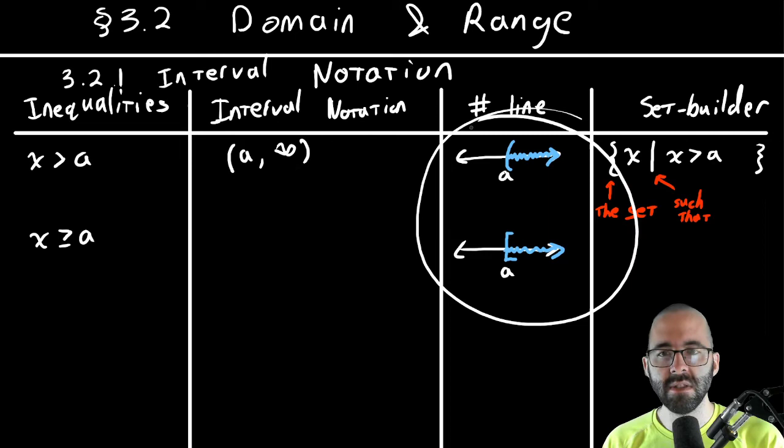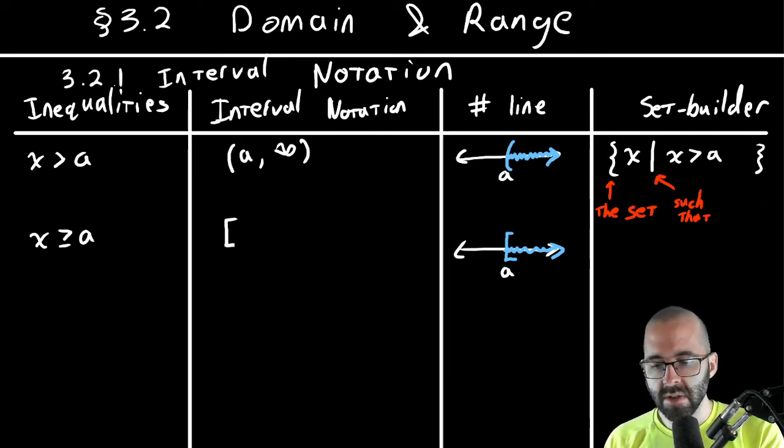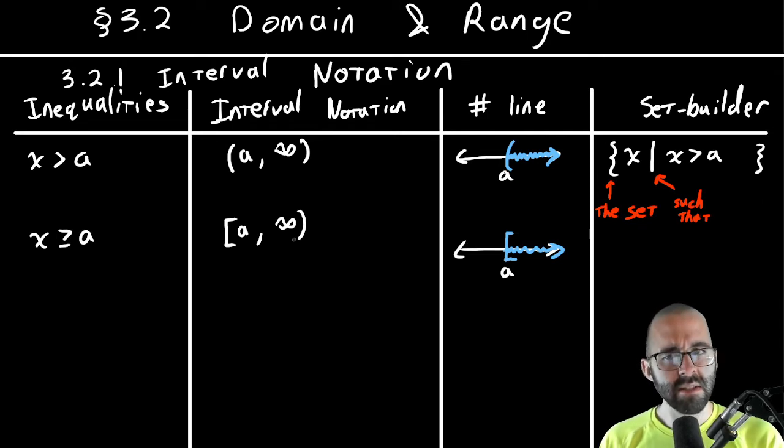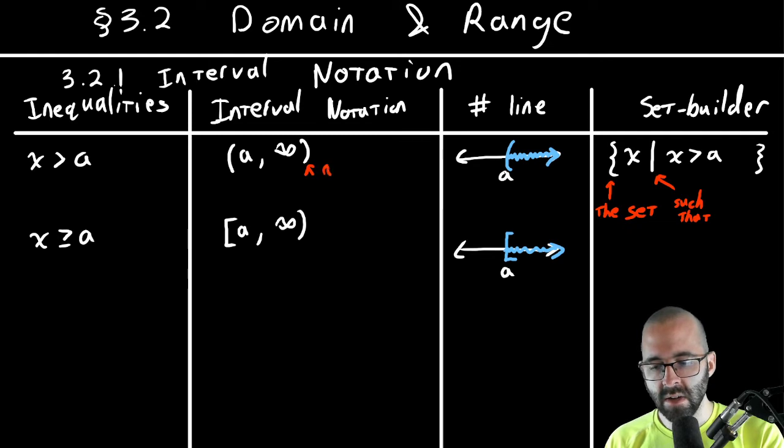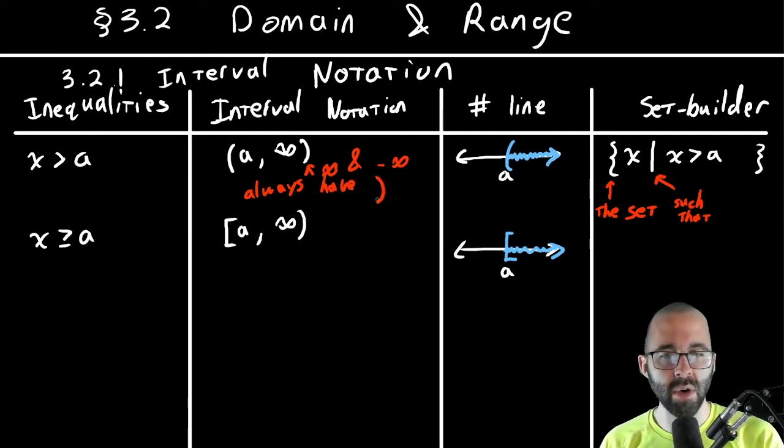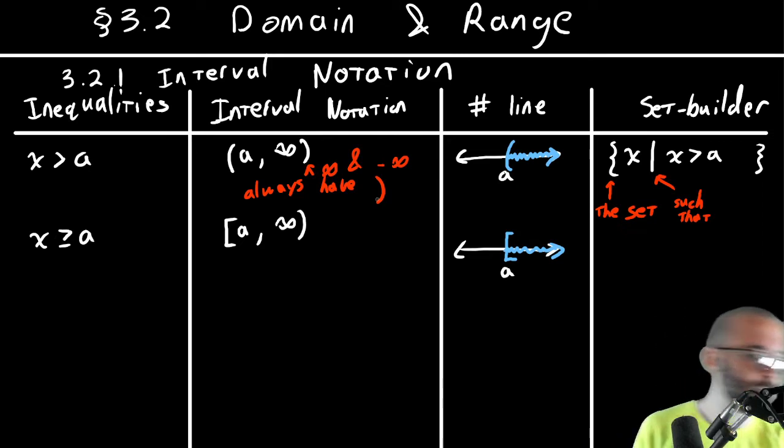The only thing that changes is the only thing that changed on the number line. So instead of parentheses a, it's going to be bracket a. And this is going to look a little weird because it's still a parenthesis on the infinity, right? Infinity and negative infinity always have a parenthesis, okay?